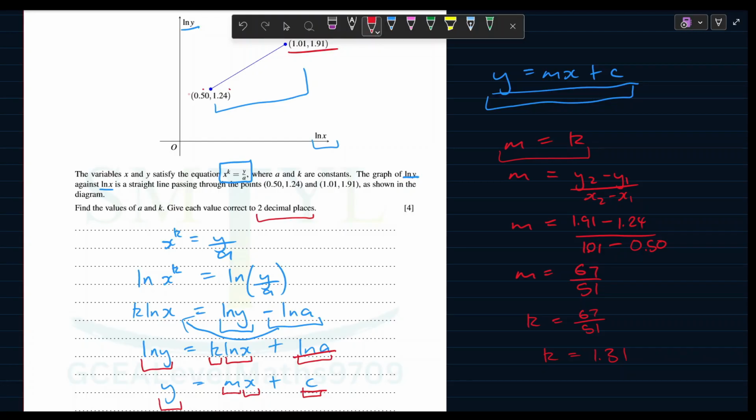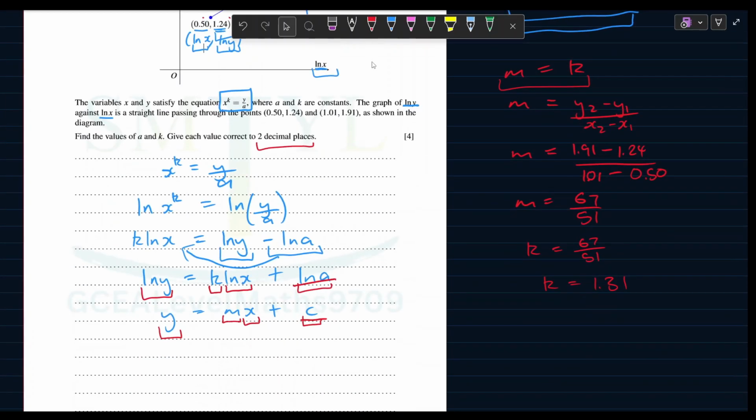But be very careful with how you substitute your coordinates here, because remember that this first coordinate is in terms of ln x, and this second coordinate is in terms of ln y. So when you're substituting, you're replacing ln x with 0.50 and ln y with 1.24.